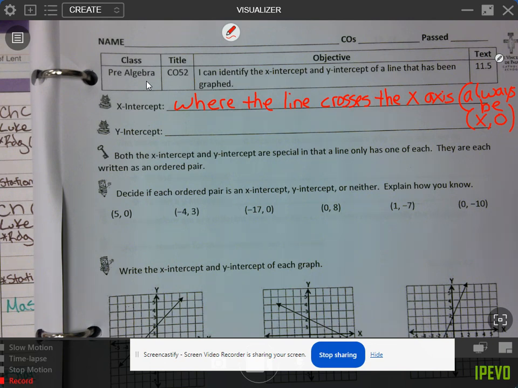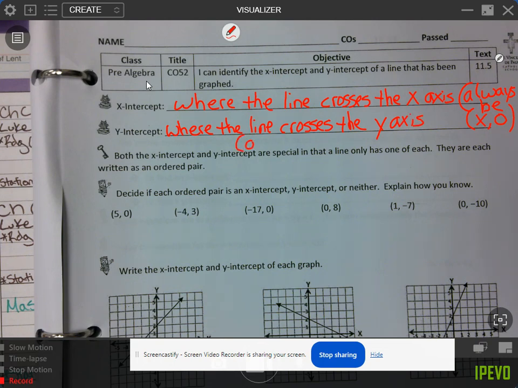So if we know that's what the x-intercept is, who can make a wild and crazy guess as to what the y-intercept is? Jude. Where the line crosses the y-axis.